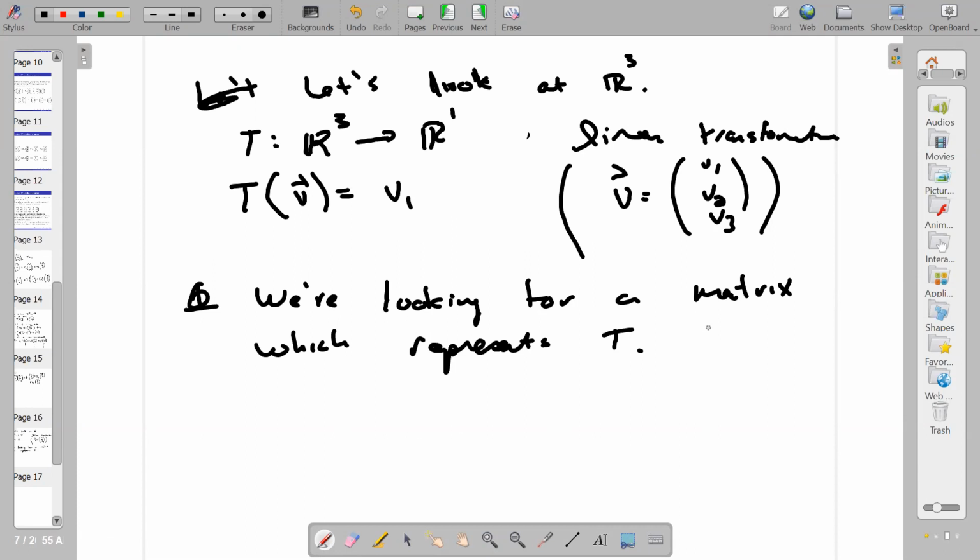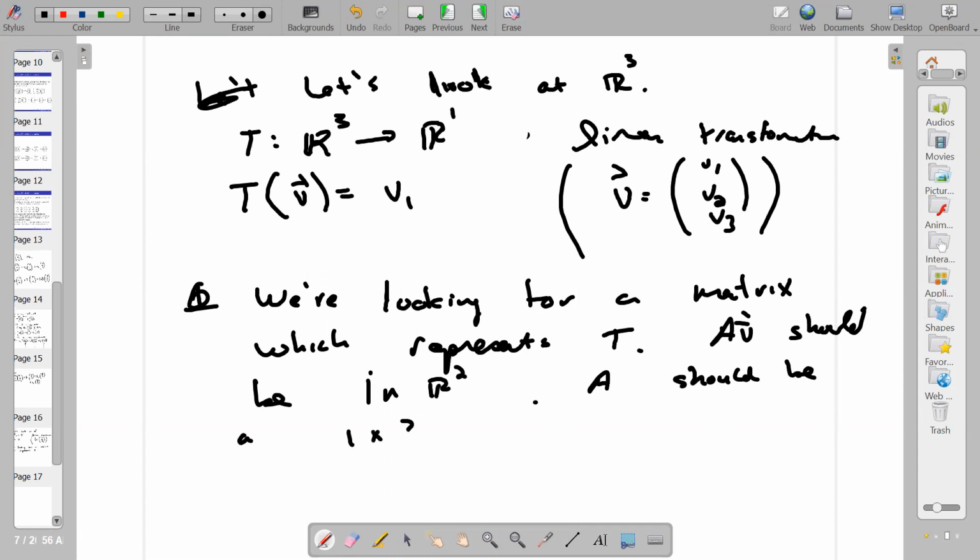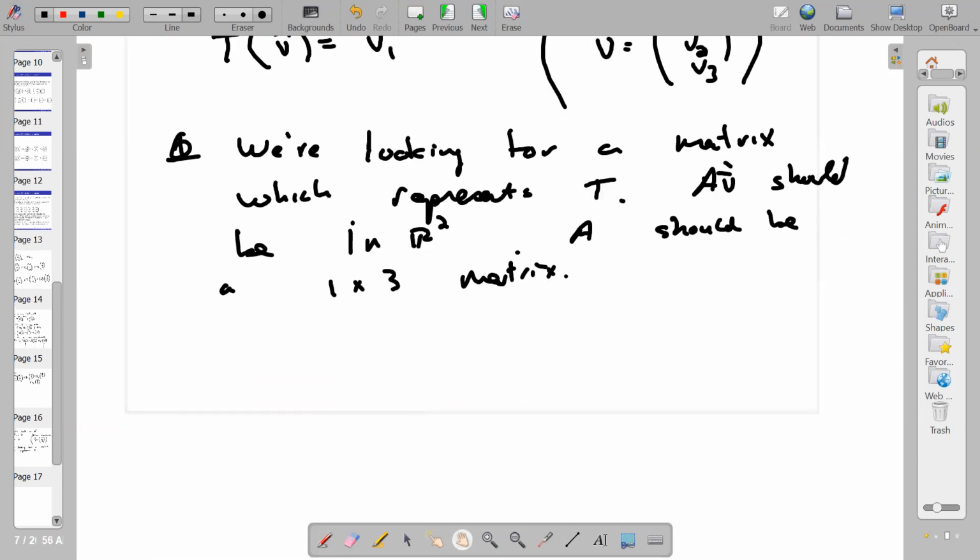Basically, A times V should be a number, should be in R1, and it takes a vector as an input. So how many rows should A have? How many columns should it have? So A should be a 1×3 matrix. It's kind of an odd looking matrix. It's a row matrix, a row vector.